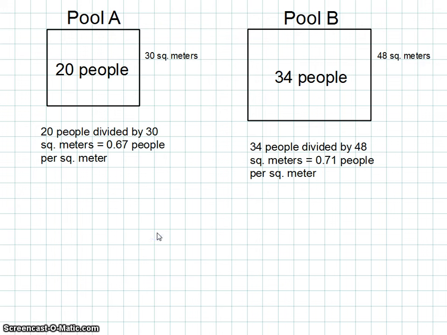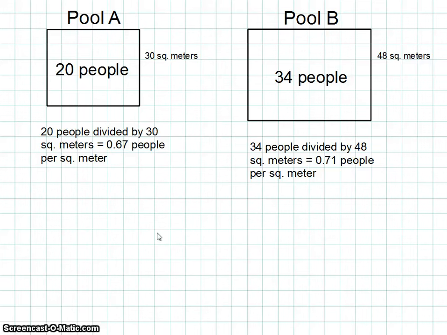So the whole idea of crowdedness and population density is actually related, right? Because when we're comparing the crowdedness of two or more places, we can use the information about population density to decide, right?